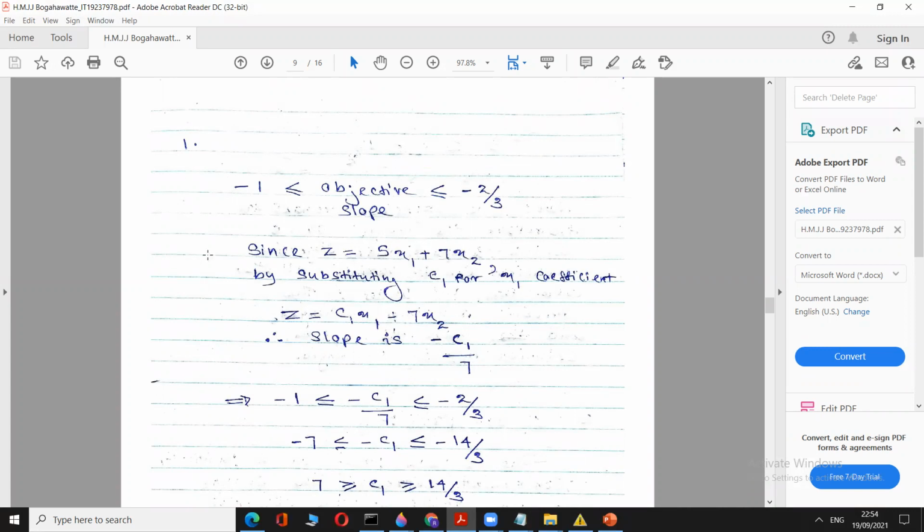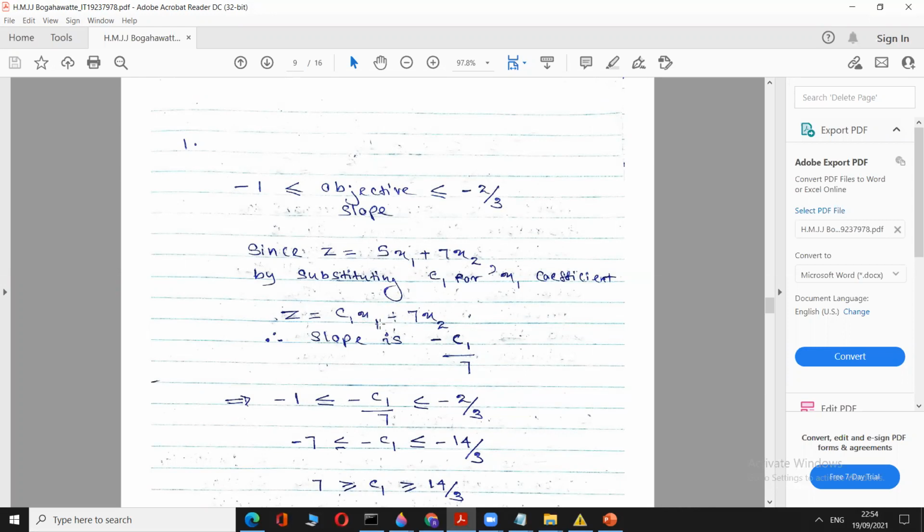If it goes to the other side, the gradient of this function will be minus 5 divided by 7. The objective slope should be in between the slopes of your lines. Therefore they ask us to get the range of the values.